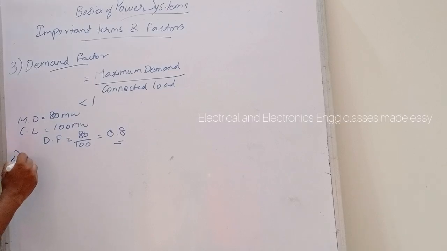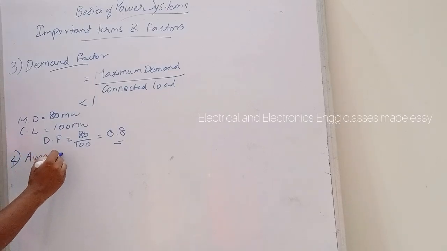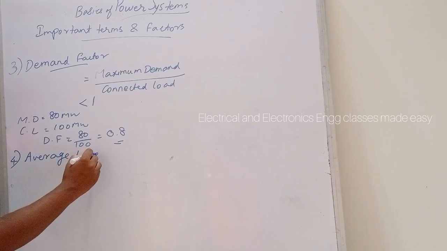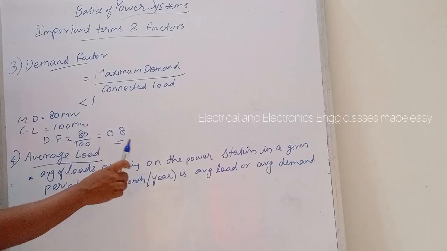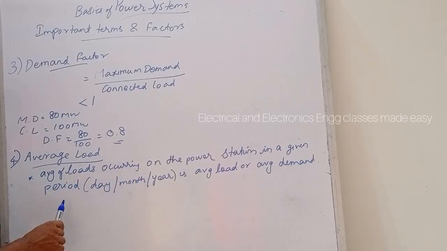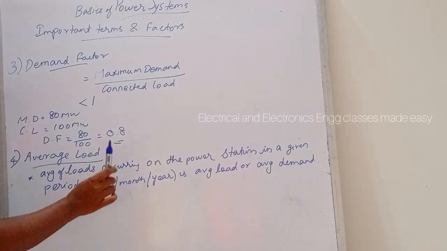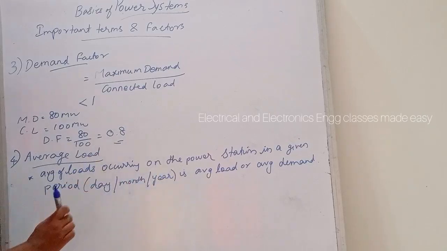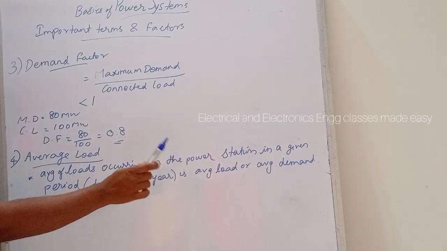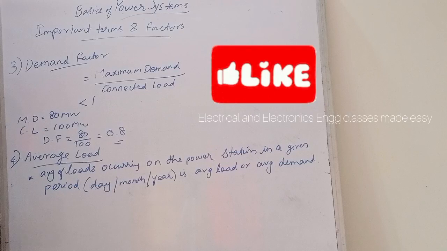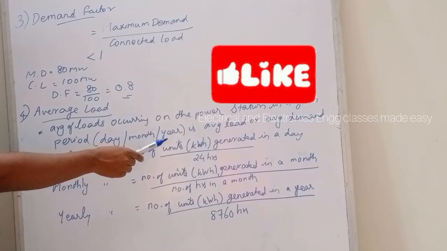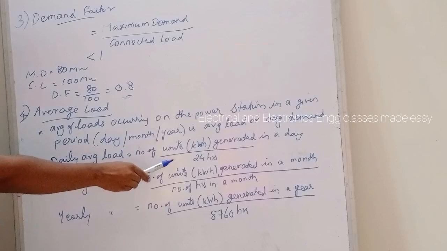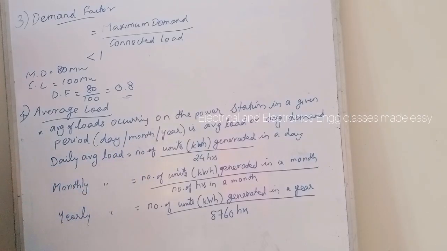Then the next one is average load. The average of loads occurring on the power station in a given period, day, month or year, is called average load or average demand. So daily average load is the number of units generated in a day divided by 24 hours.